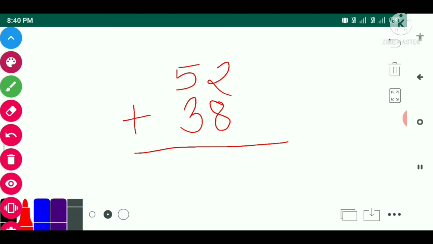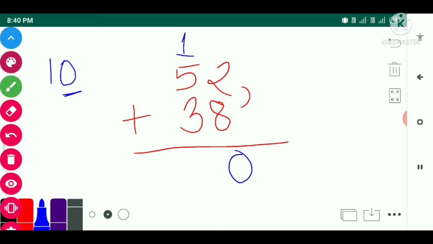So 2 plus 8, it will be how much? 10. So we'll write 0 here and we'll give 1 to the tens place. Now 1 plus 5, it will be how much? 6. 6 plus 3, it will be 9. So total number of fish he caught is 90.